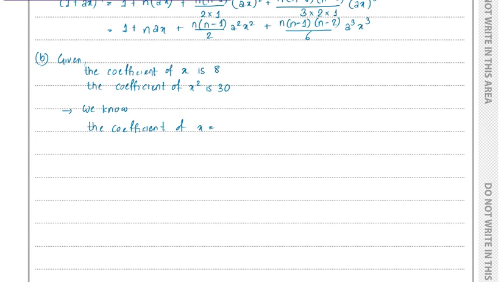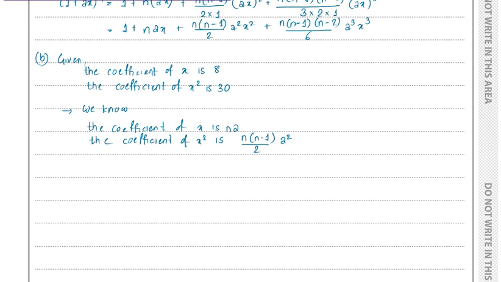So the coefficient of x is na in our expansion, and the coefficient of x squared is n multiplied by n minus 1 divided by 2 a squared.